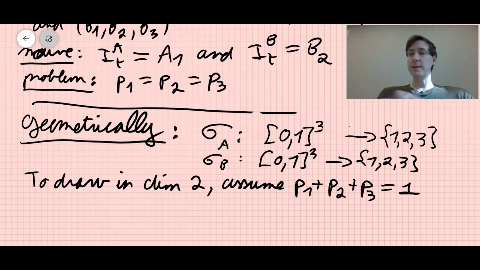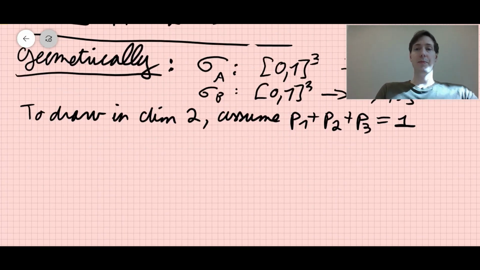Let's assume this is known to both players, and it's easy to relax this assumption, but this will allow me to draw a picture. So I hope we're clear on what we're doing. Now I'm going to explain why there will always be a problem to coordinate without communication in this setting, and then I will explain how to fix this problem.